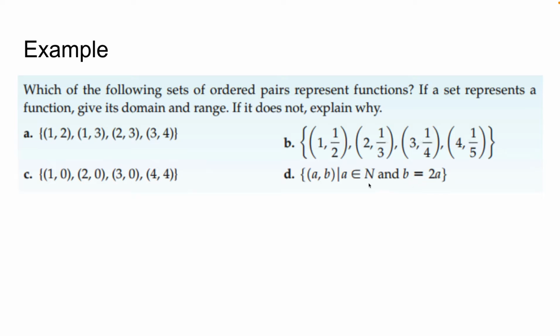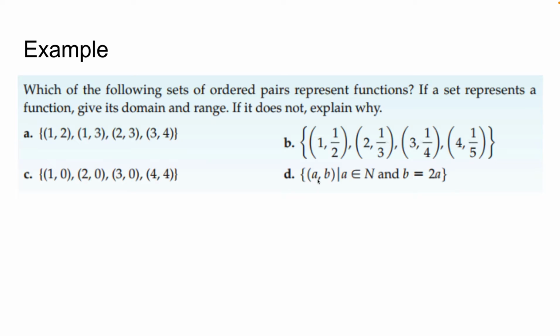Did I say the domain and range for this? The domain here is the x values. It's not even a function, so we're not going to look at that. But this one is a function, with domain 1, 2, 3, 4 and range 1/2, 1/3, 1/4, and 1/5. For this one, the domain is the x values 1, 2, 3, 4, and the range is 0 and 4.